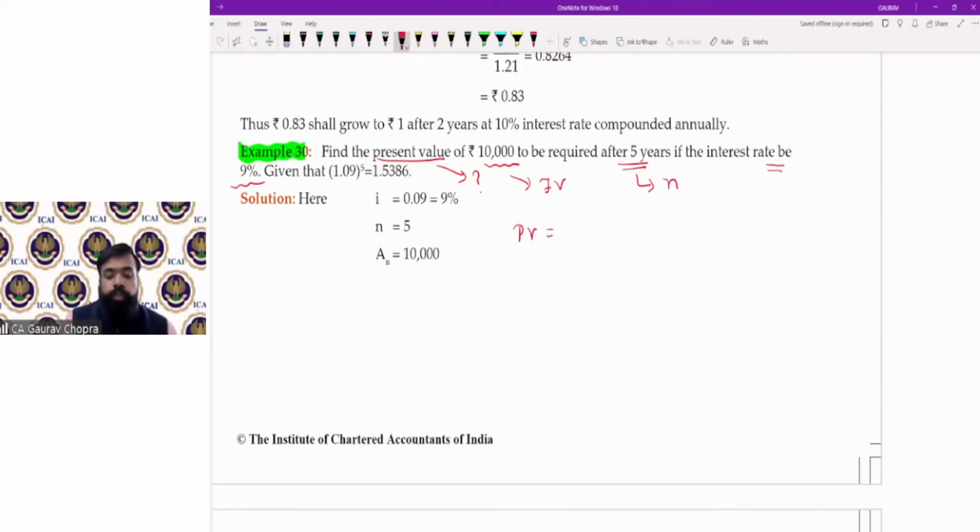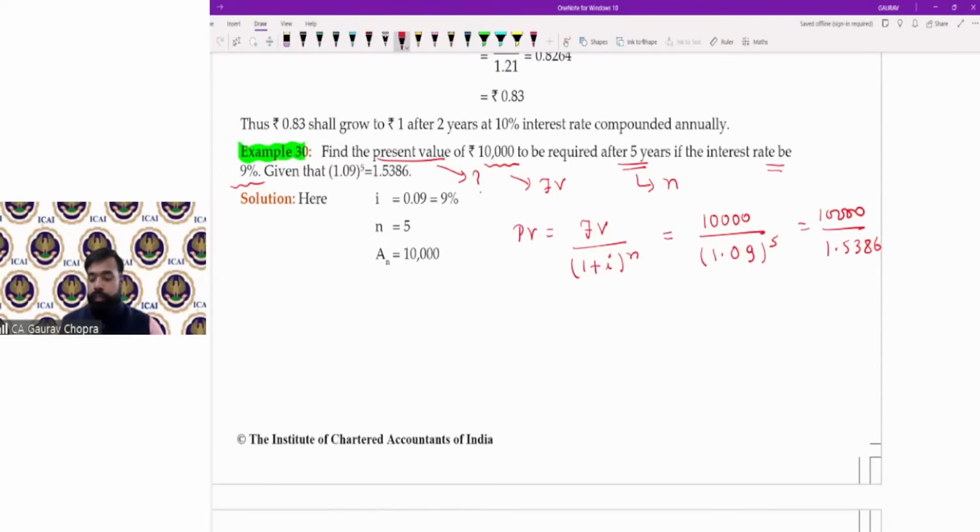So let us apply the formula again. Present value equal to future value divide 1 plus I whole to the power of N. Now, in place of future value, you can write 10,000 divided by 1.09 to the power of N. N is 5. Now, this value is already given in the question. Substitute the value and you will get the answer.